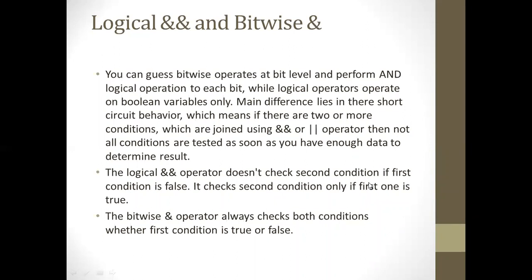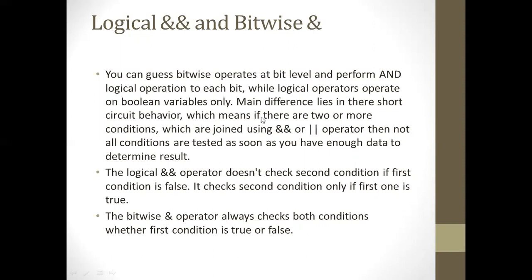Sometimes in exams this type of question may occur, what we mean by logical and bitwise AND. The basic function of the AND operation works the same in both cases, but bitwise operates at the bit level and performs the AND operation on each bit, whereas the logical operator operates on Boolean values.